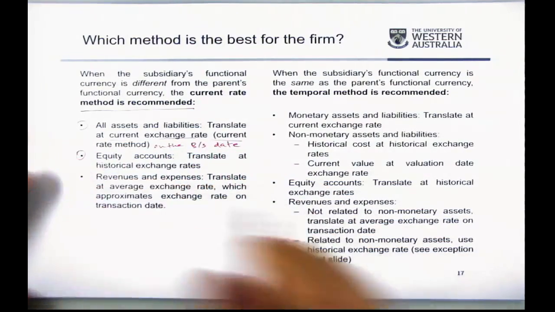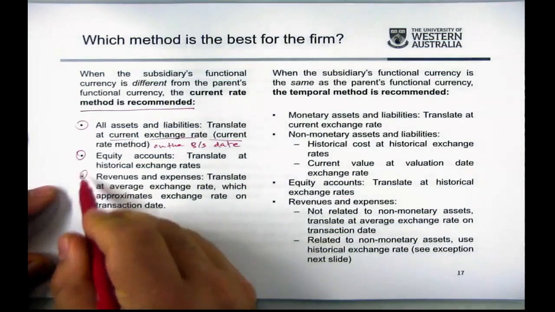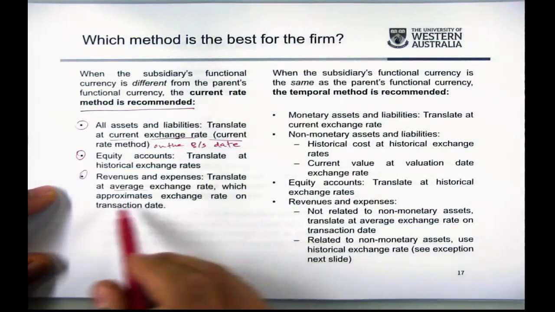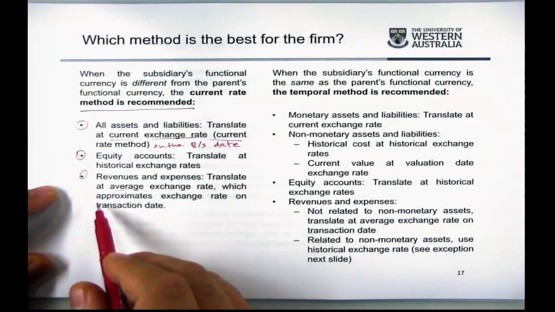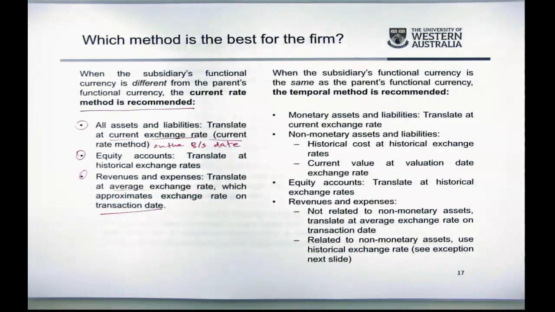And equity accounts are to be translated at the historical exchange rate. Revenues and expenses are to be translated at an average exchange rate, which is like an approximate exchange rate on the transaction date. Okay? So on the transaction date, we see the average exchange rate and use it to translate the revenues and expenses. Okay?